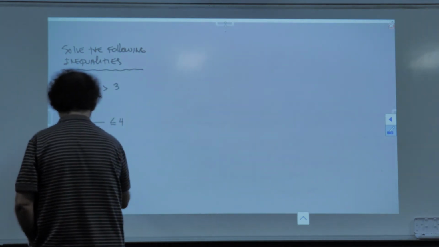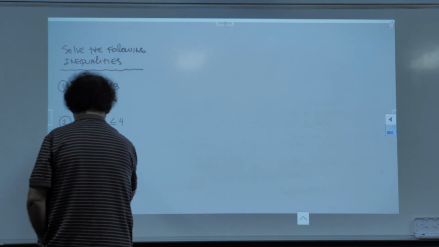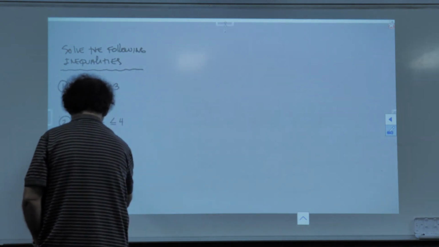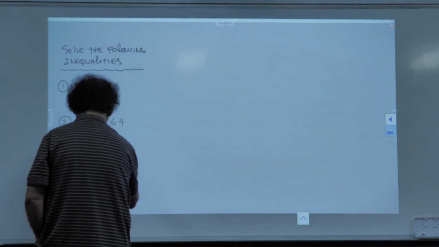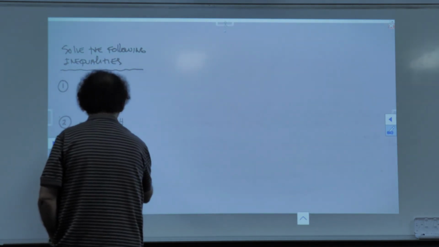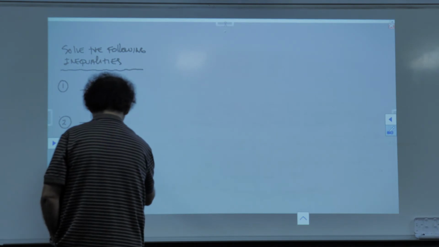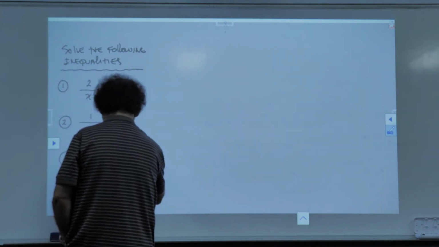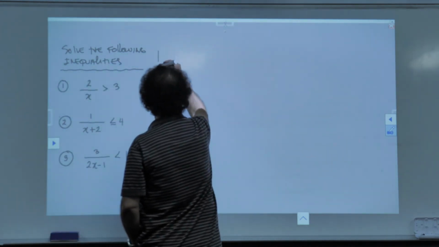Number 3: let's say 3 over 2x minus 1 is less than positive 1. All right, let's say that we have these 3 inequalities.